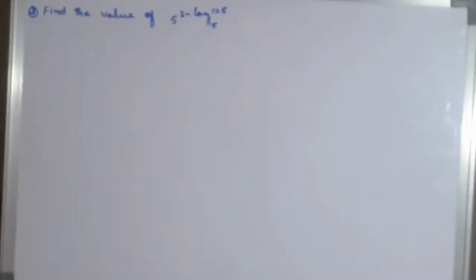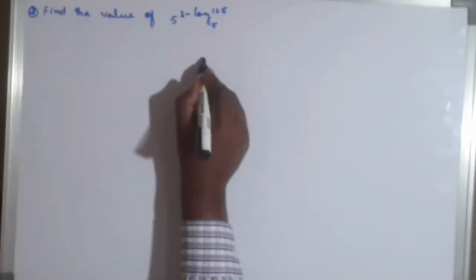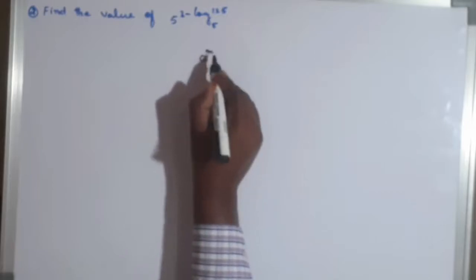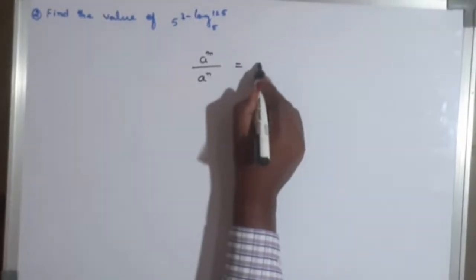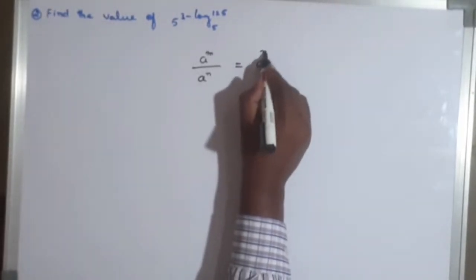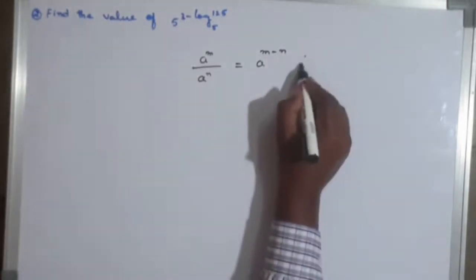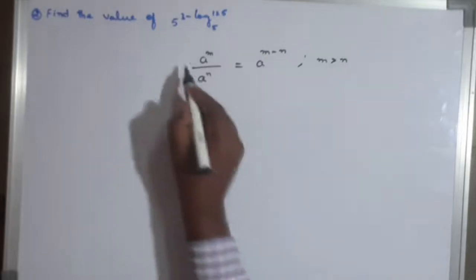Next: 5 to the power of 3 minus log base 5 to 125. Before this, let me discuss a formula. If a to the power of m by a to the power of n equals a to the power of m minus n, if m is greater than n.